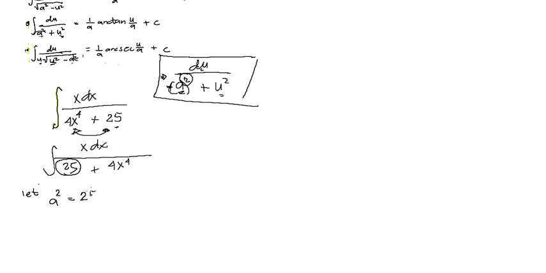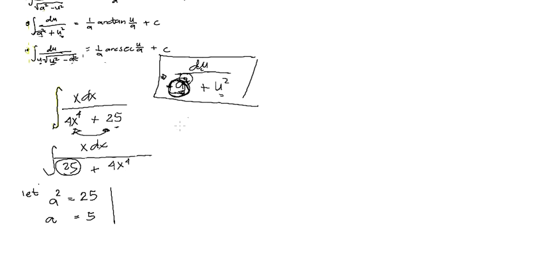We have 25, and then how can we get the value of a? Because we only need the value of a. By doing so, we need to get the square root of this whole term here. So by getting the square root, we have a, and the square root of 25 is just 5. Okay, so the value of a is just 5.